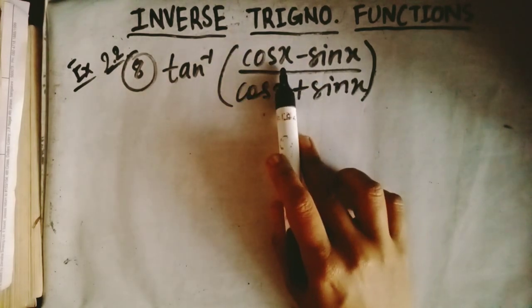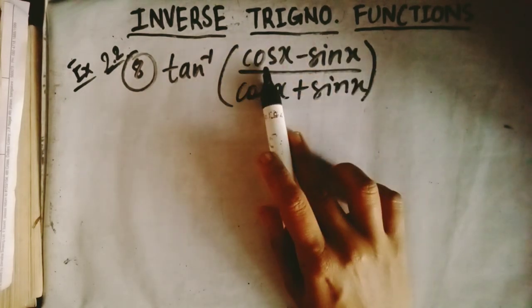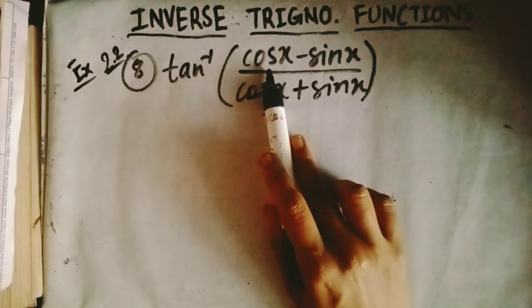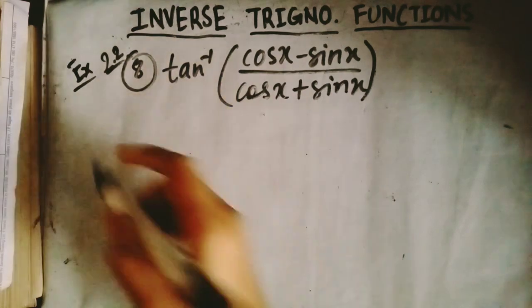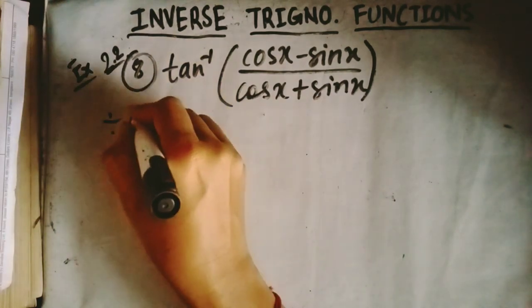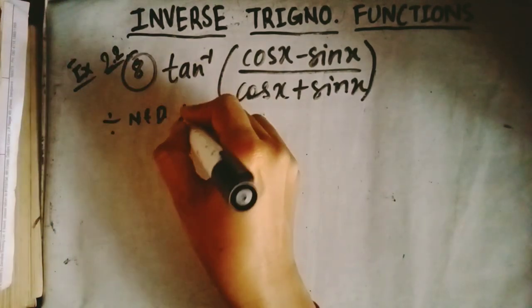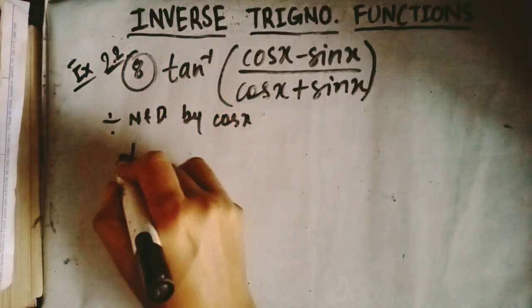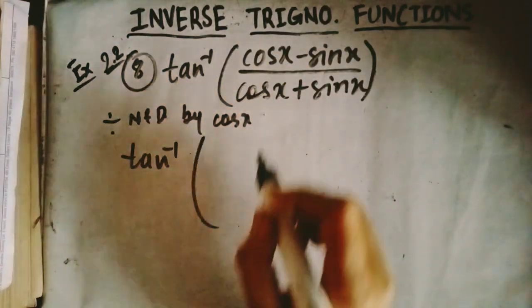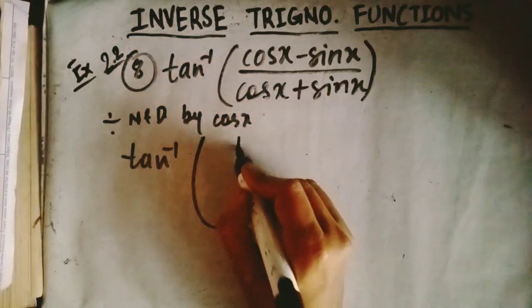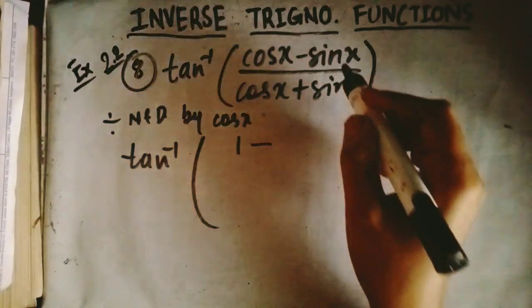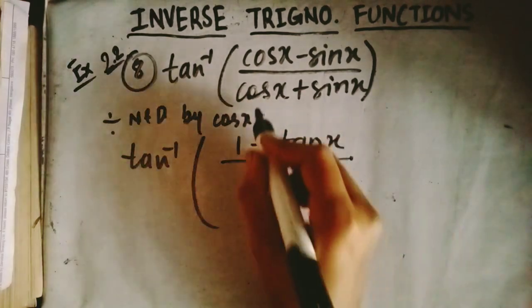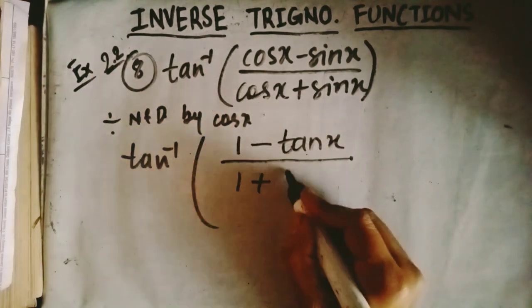You have to make it as a tan, so you have to divide both numerator and denominator by cos x. So dividing numerator and denominator by cos x inside the bracket, we'll get tan inverse, cos x upon cos x will be 1, sin x upon cos x will be tan x, upon 1 plus tan x.